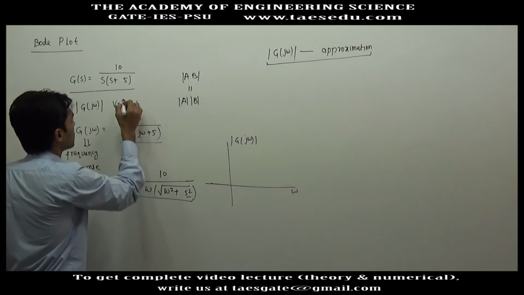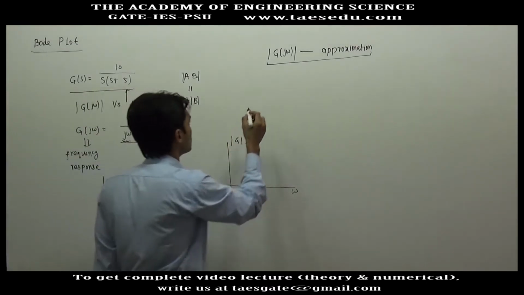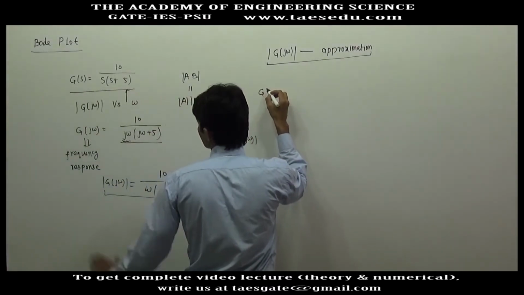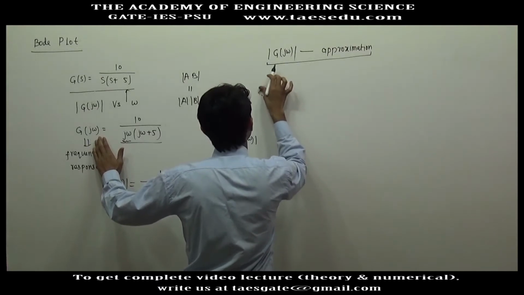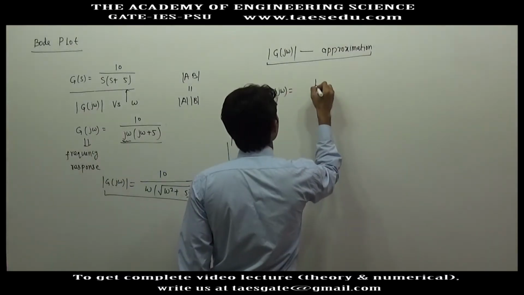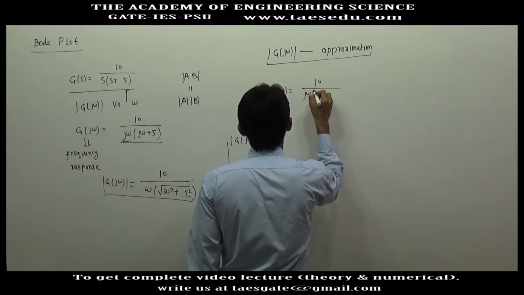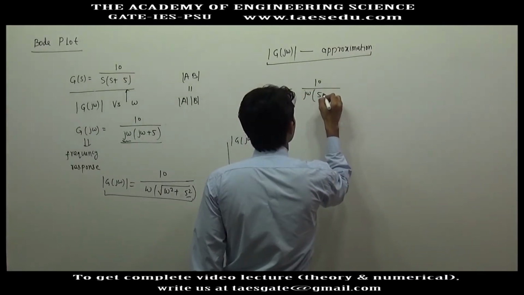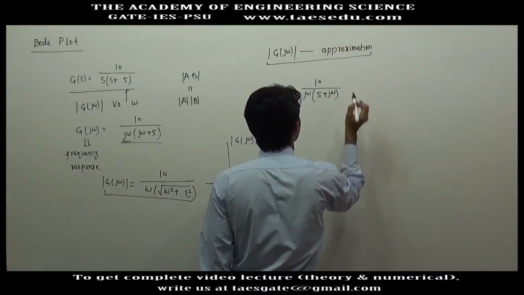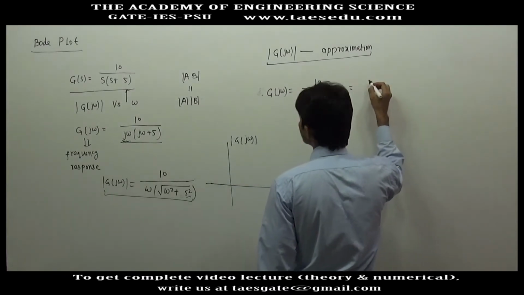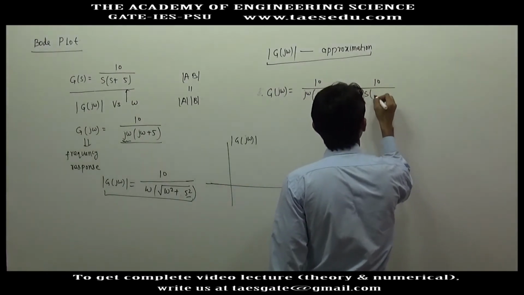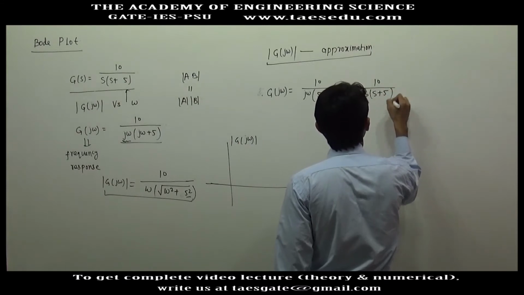Now again, coming back to this example, G(j omega) is equal to 10 divided by j omega into (5 plus j omega). This corresponds to 10 by s into (s plus 5).